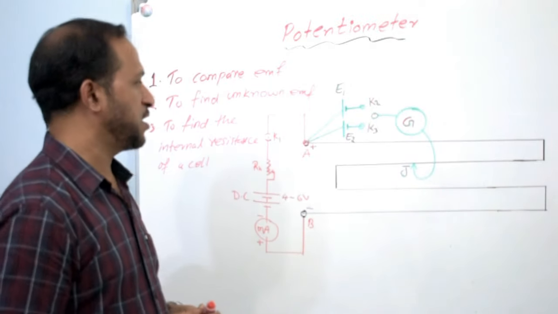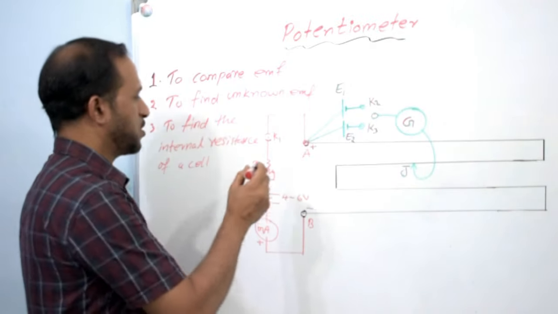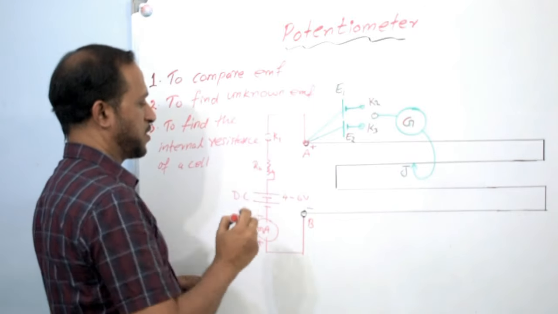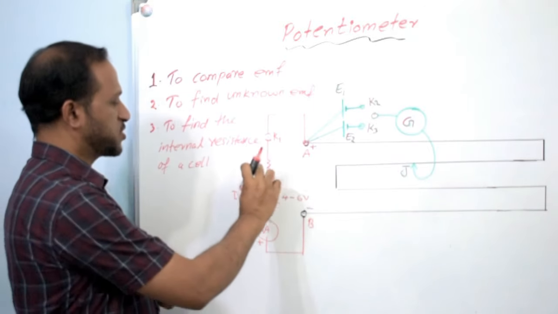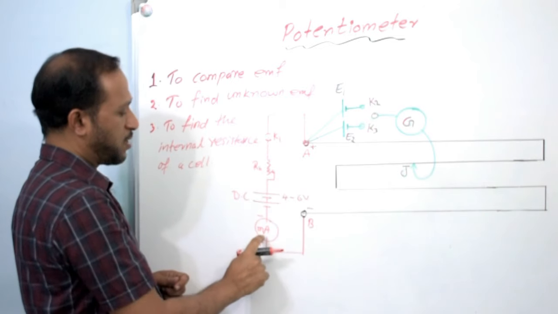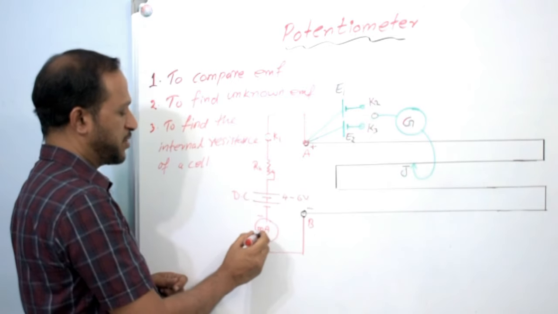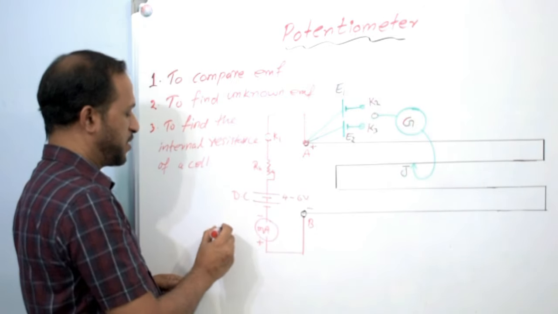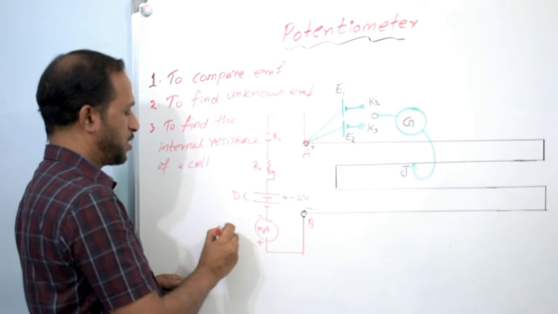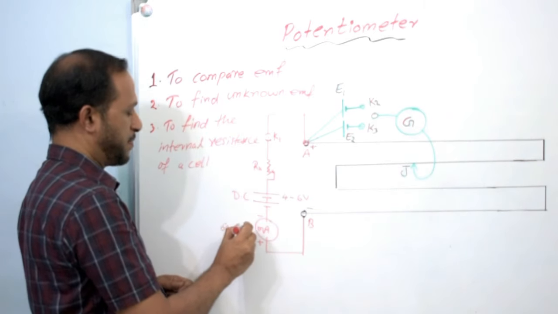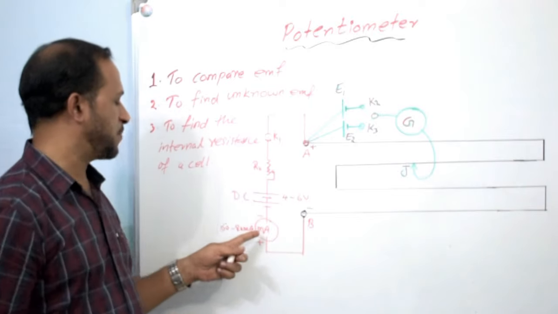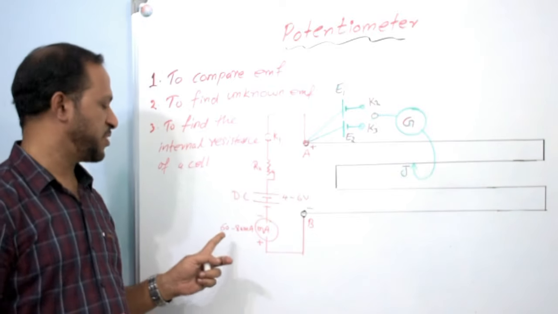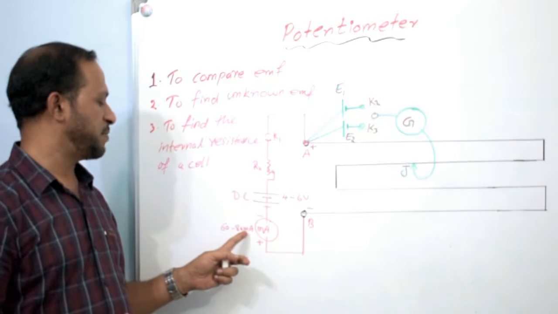Now, for comparing EMF, we have to plug the key K1 over here and adjust the rheostat and maintain the ammeter reading. You can keep the milliammeter reading between 60 to 80 milliampere. It is advisable to keep the ammeter reading always between 60 to 80 milliampere.